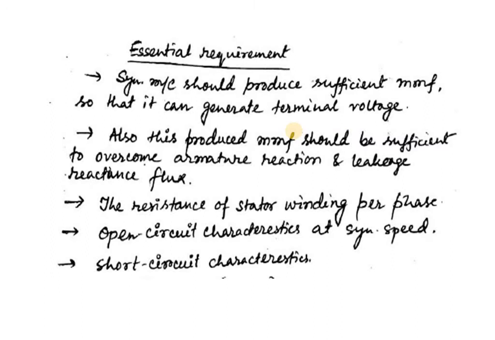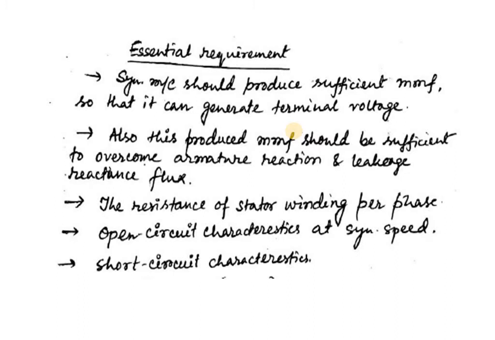Fourthly, the open circuit characteristics at synchronous speed and the short circuit characteristics. Among those, the most important are the resistance of the stator winding per phase, the open circuit characteristics at synchronous speed, and thirdly, the short circuit characteristics.